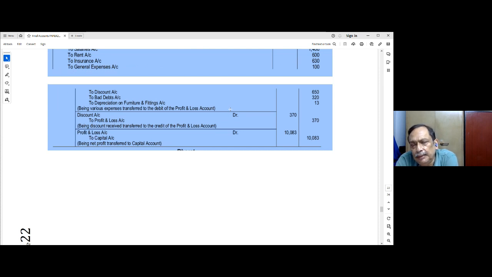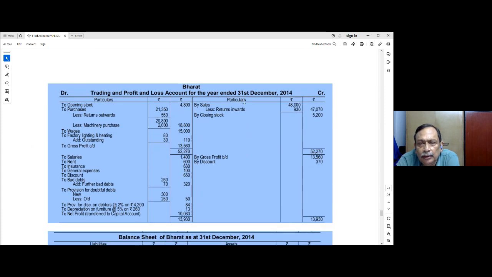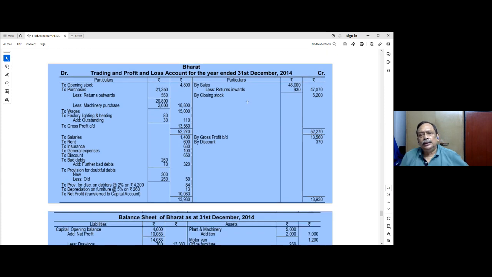Then discount account debit to profit and loss account, being discount received transferred to the credit of the P&L account. And finally, profit and loss account debit to capital account, that is net profit transferred to capital account. Now we are having trading and profit and loss account for the year ended 31st December.